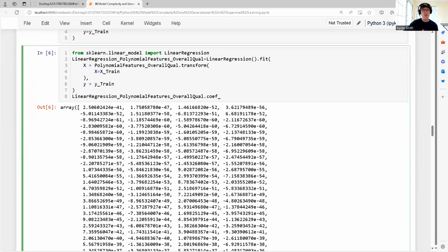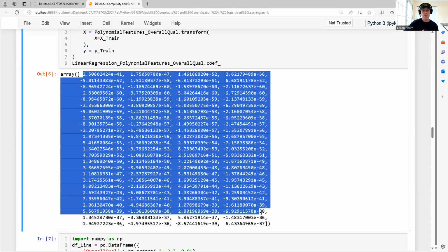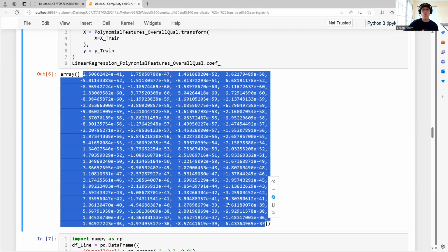And you can see I've got a ton of predictor variables. Now you'll notice that these are all very, very small. These are all very close to 0, at least to my eyes. And so what has happened is that scikit-learn knew not to let me do this.